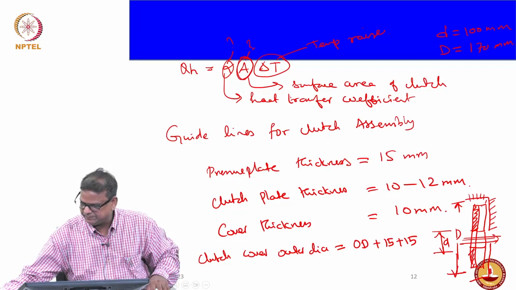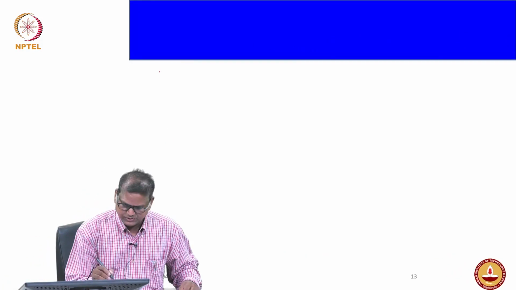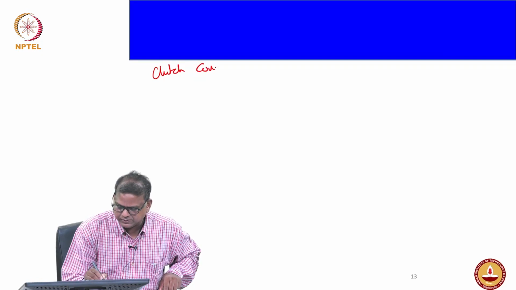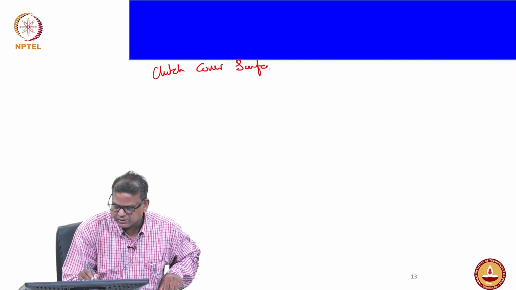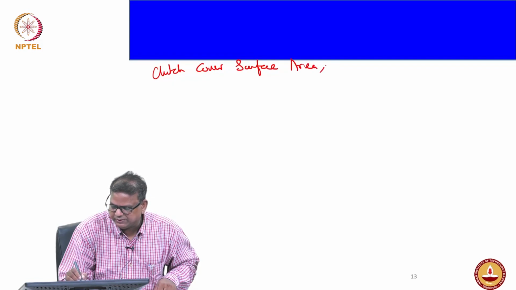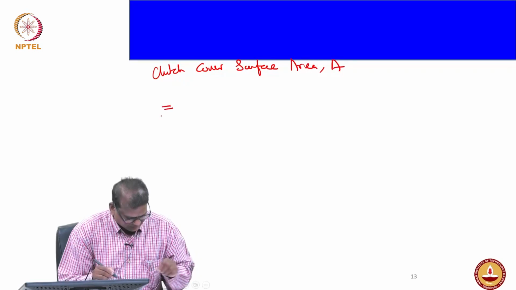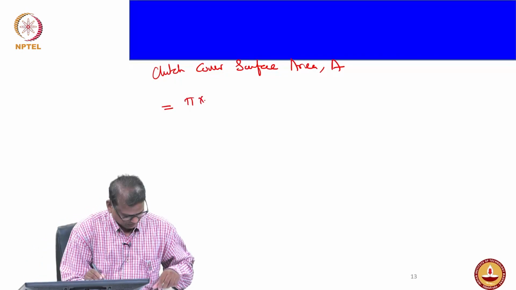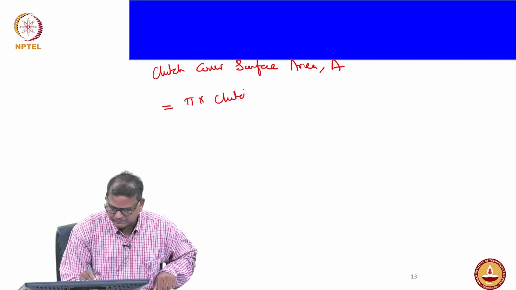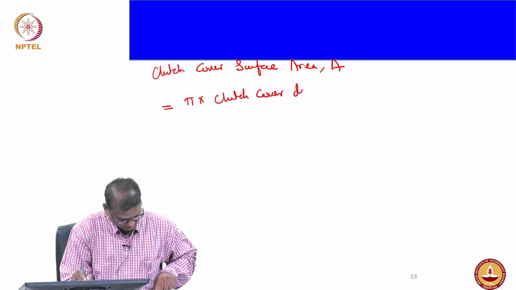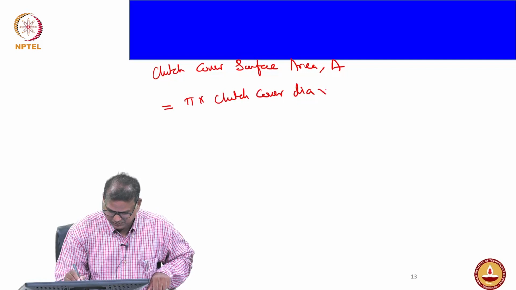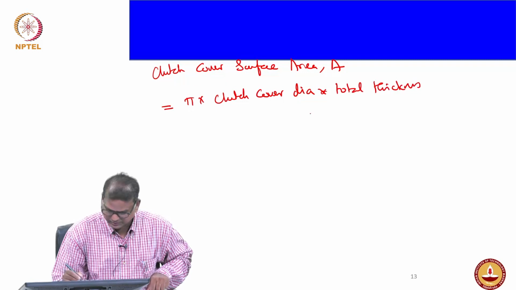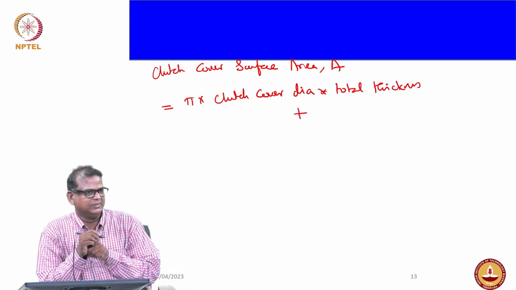I will move to another slide. Clutch cover surface area, which is nothing but A. The clutch cover surface area is the circumference, the circumference times the clutch cover diameter into total thickness, plus what else you have.